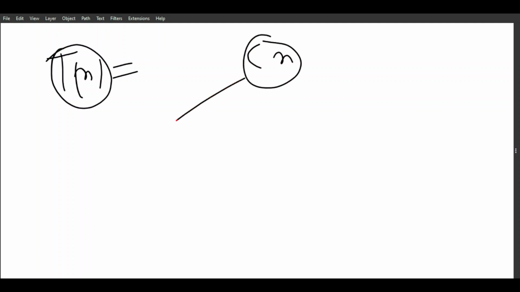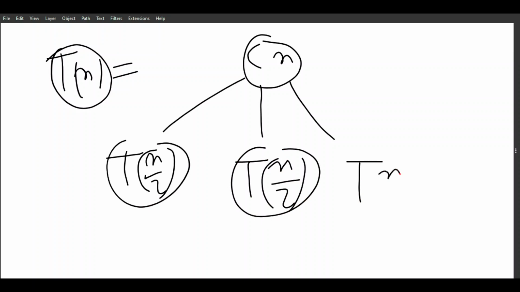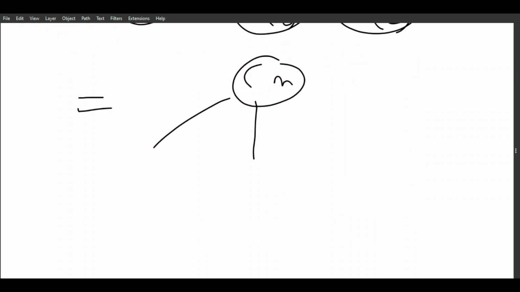So this time we get a similar tree structure but with 3 children. So Tn becomes root, we get Cn, 3 subproblems, we get Tn by 2. Again, next level we apply, we get Cn, 3 subproblems, size is Cn by 2 each.